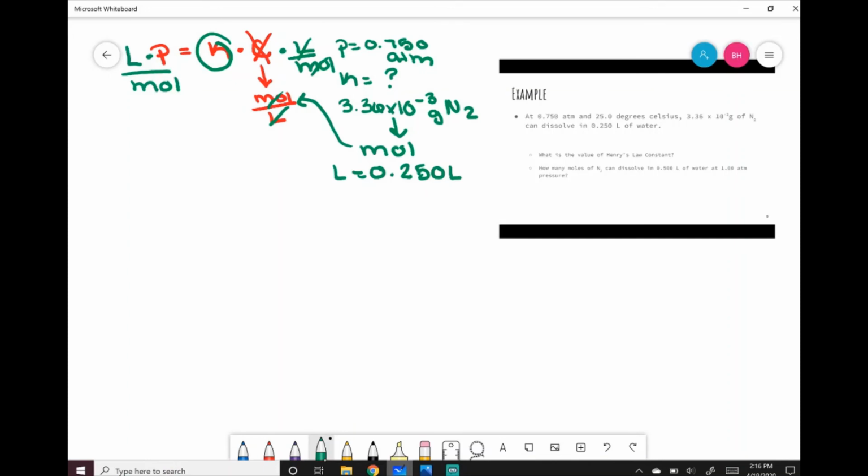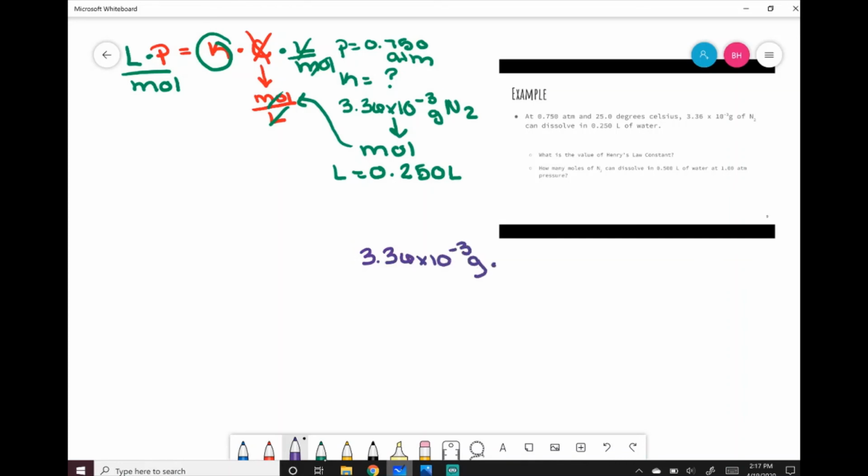So before I can plug anything in, the first thing I need to do is convert my grams into moles, and we're going to be using our molar mass of nitrogen. I'm going to put this off to the side over here. I'm going to have 3.36 times 10 to the negative 3 grams.